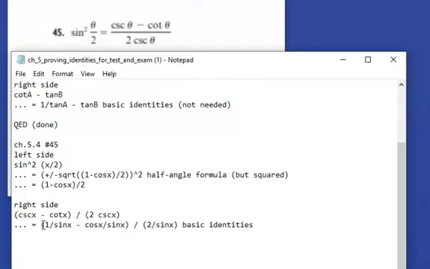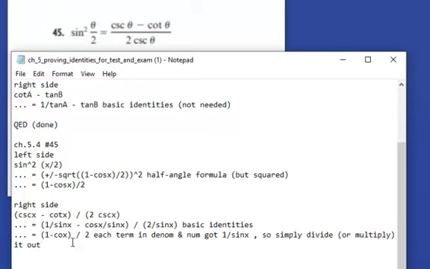Okay, and now what I can do is I notice that, and I just discussed this, that each one of these terms in the numerator and the denominator is divided by sine x. So just multiply everything by sine x. So this one simply becomes 1, this simply becomes cosine, and this simply becomes 2, which is exactly what I show you here that happened.